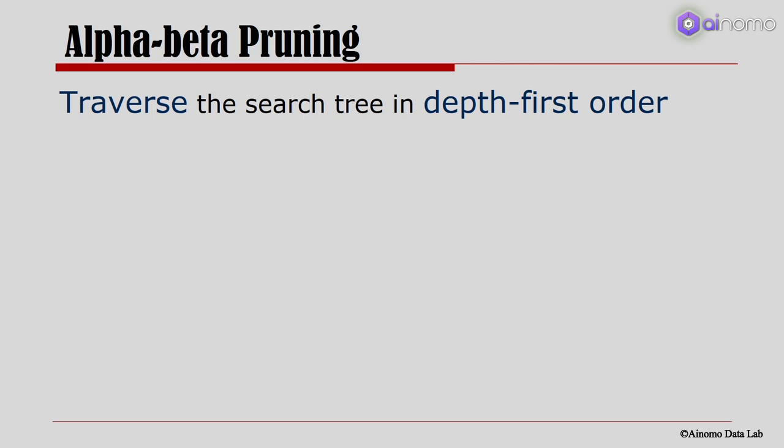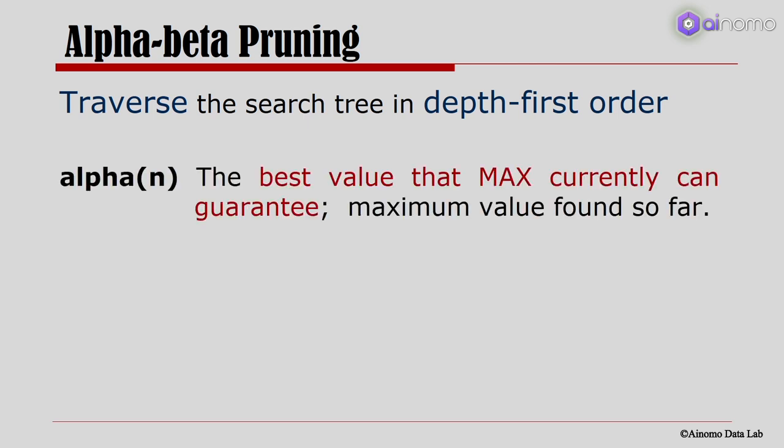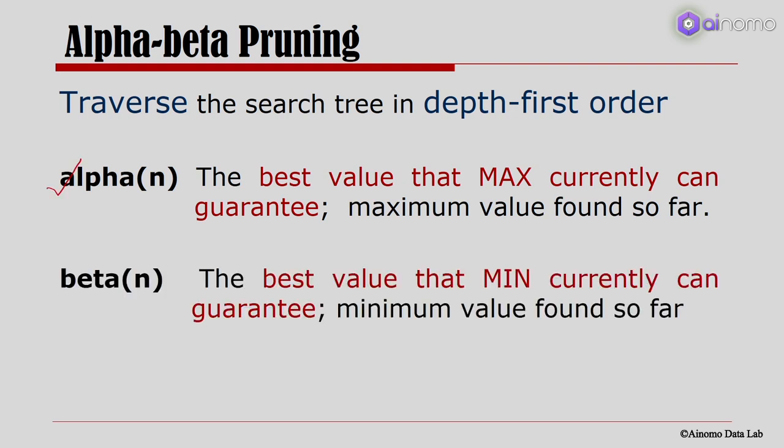The alpha of a particular node n is the best value that Max currently can guarantee, so it is the maximum value found so far, whereas beta of n is the best value that Min currently can guarantee, so it's the minimum value found so far.